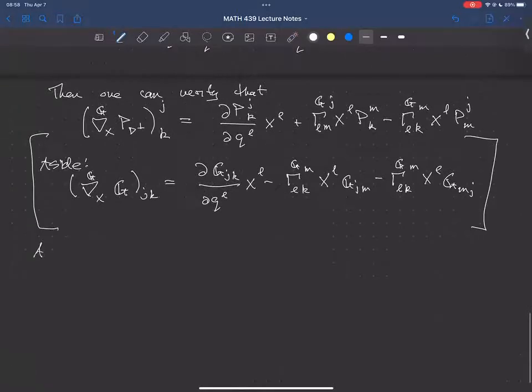So apply PD perp to the first equation of the equations of motion.